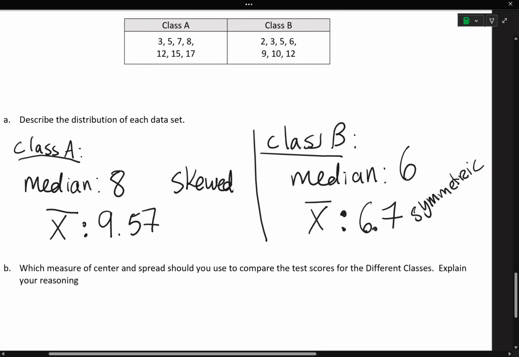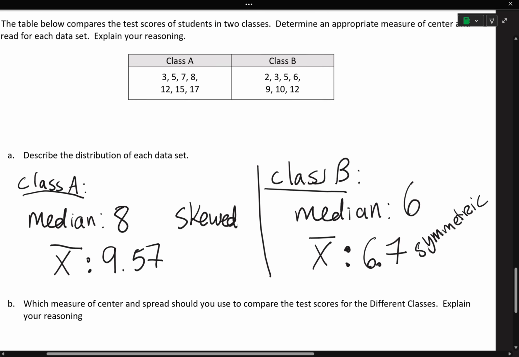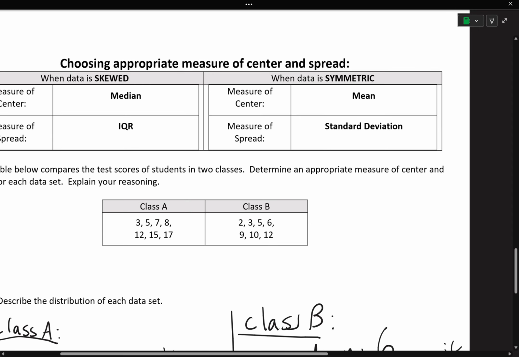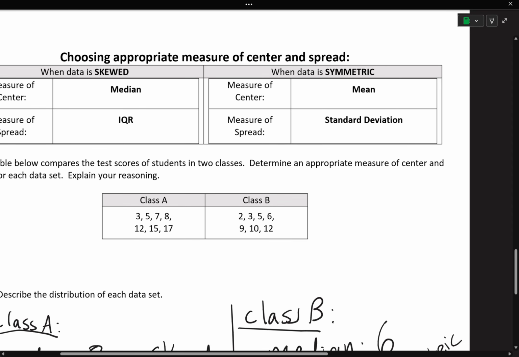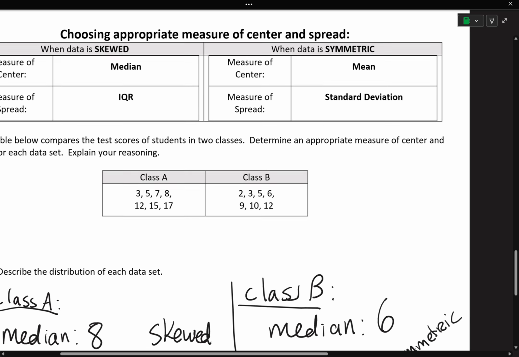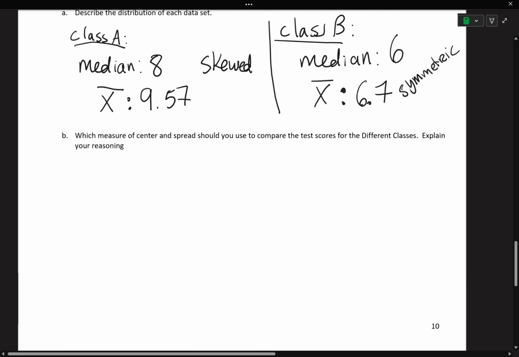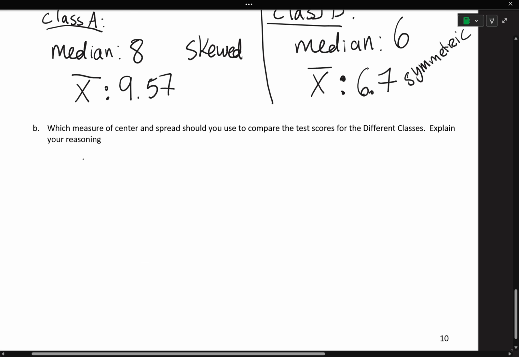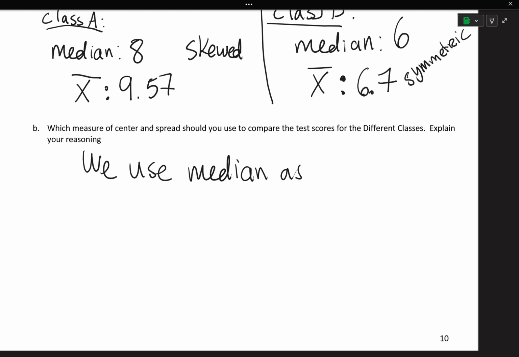Now, unfortunately, because class A is skewed, we must use median and IQR. Only when both data sets are symmetric can we use mean and standard deviation. So let's write that down. We use median as the center, and IQR as the spread.